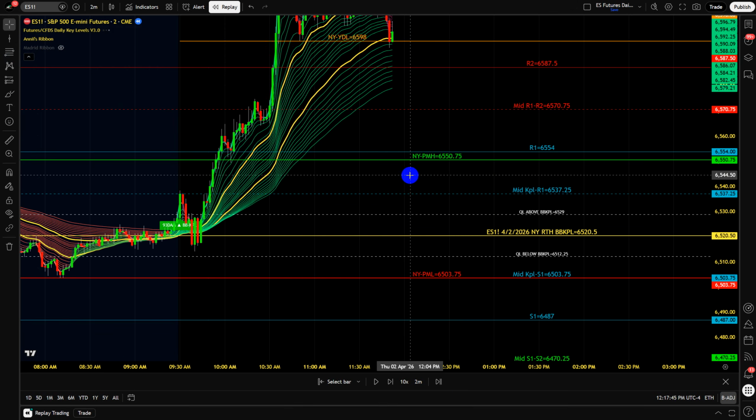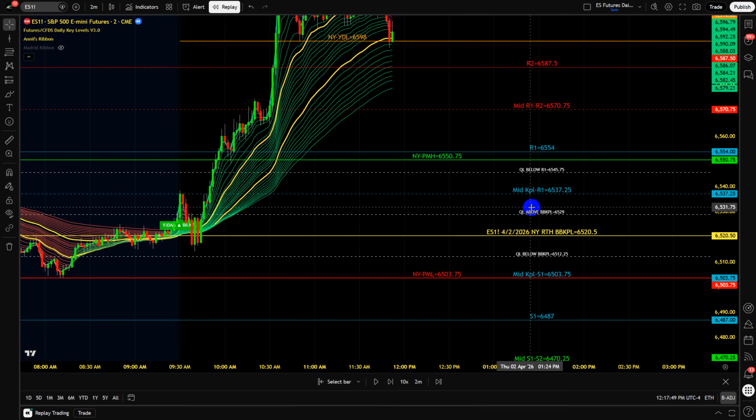Now you can turn these on in advance too. It's just that the QL above and QL below are only turned on by default. You can certainly turn the other ones on at the beginning or before the session starts, so you already have them ready to go if your preference is to use tight stop losses on levels rather than standard.